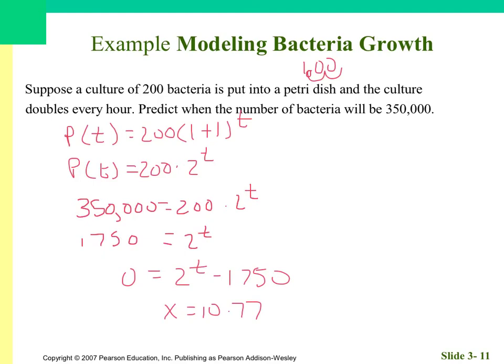So it's about 10 hours, 45 minutes, because .77 is almost 3/4 of an hour. Okay?